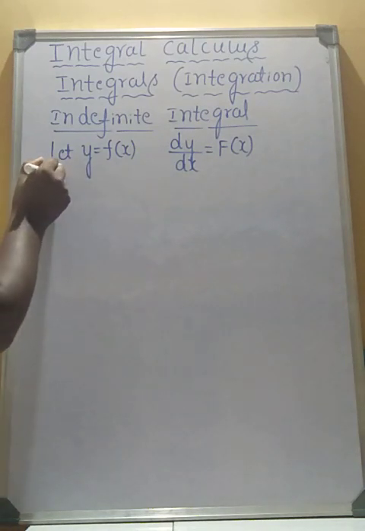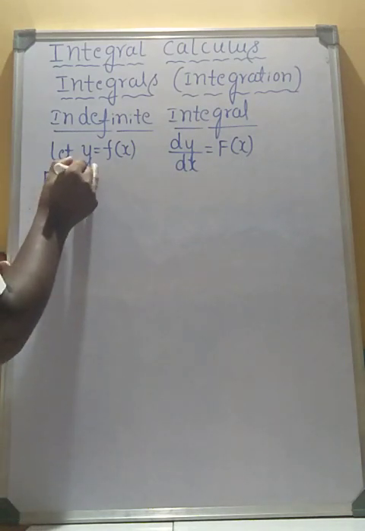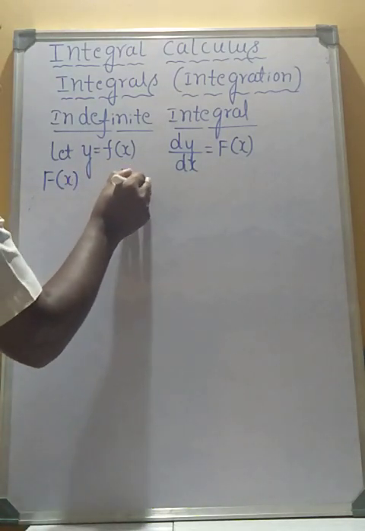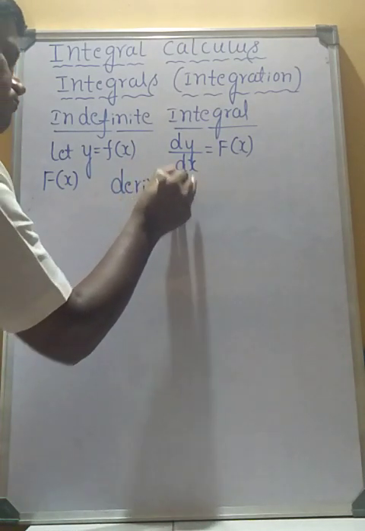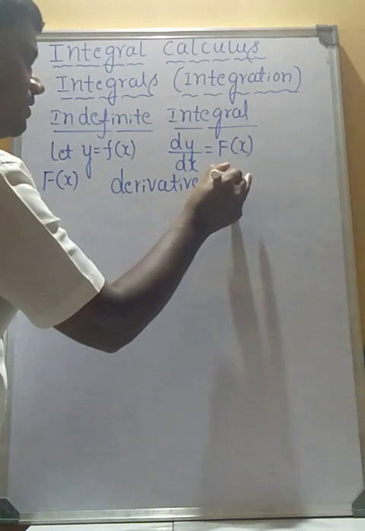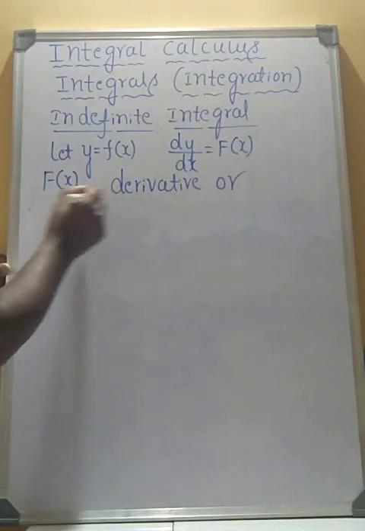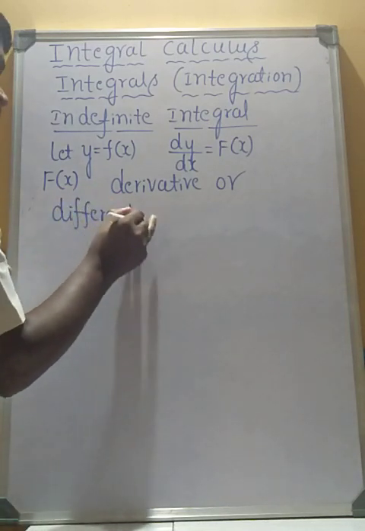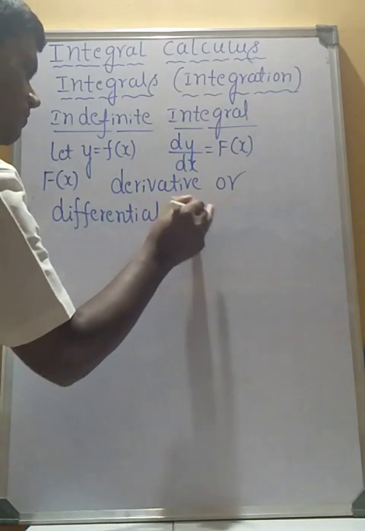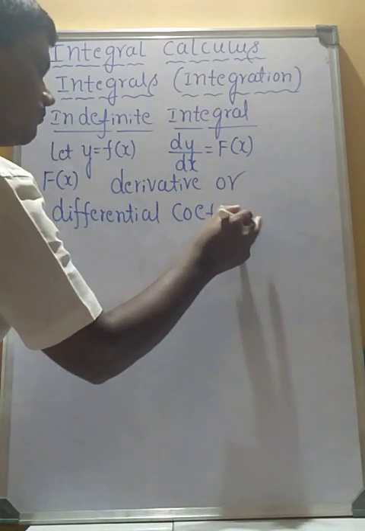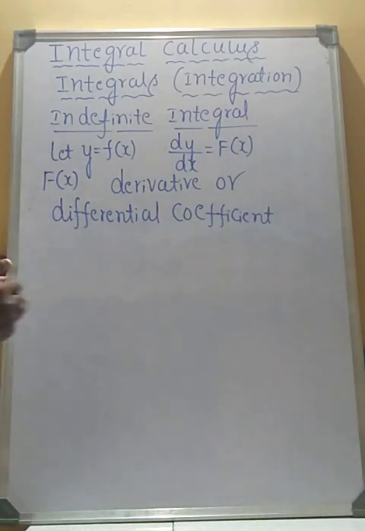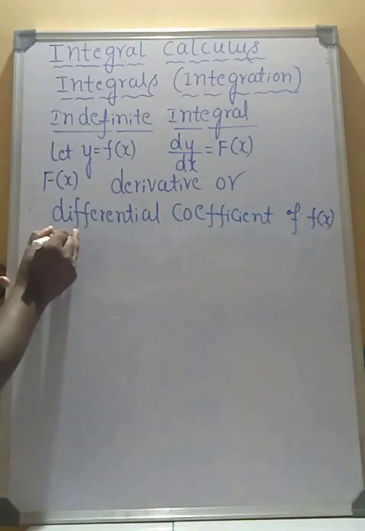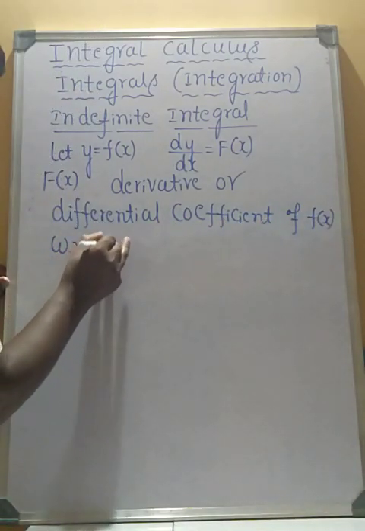The function f of x is called the derivative or differential coefficient of f of x with respect to x.